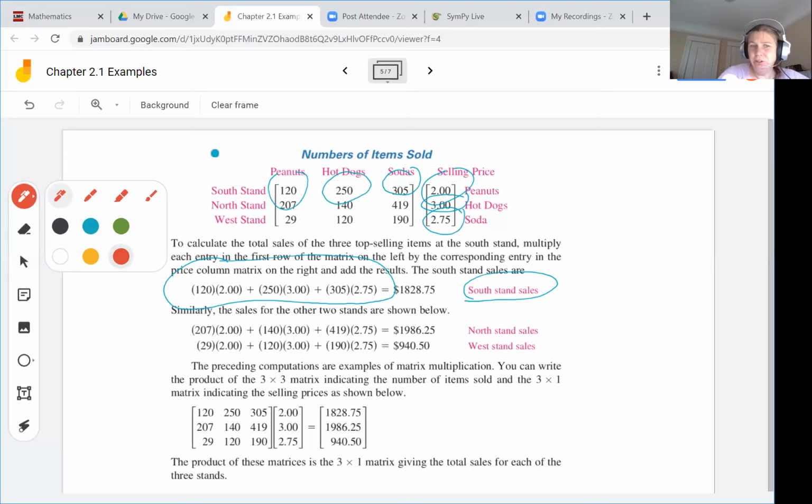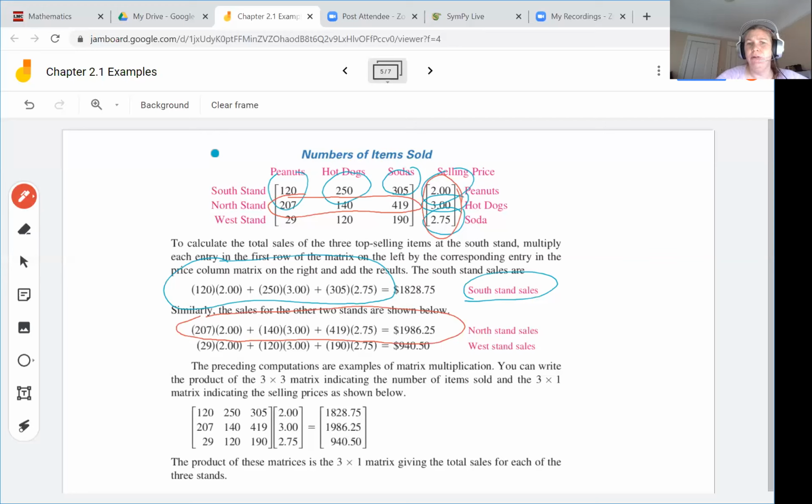So we take each of these north stand values and we're going to multiply those by the column. So you can see down here, we have the quantity of peanuts, hot dogs, and sodas, each multiplied by their corresponding selling price.